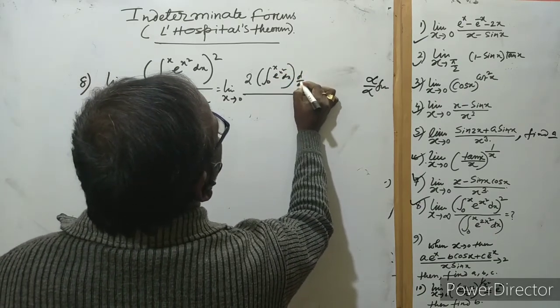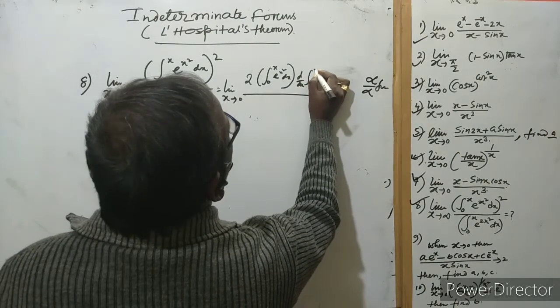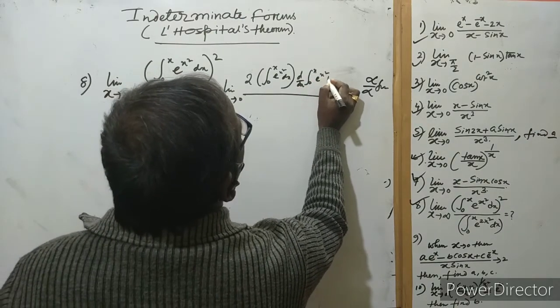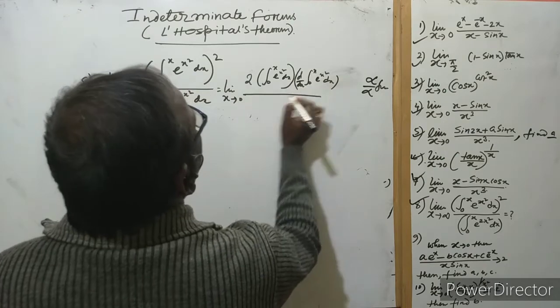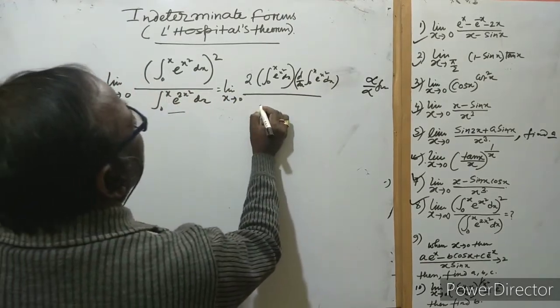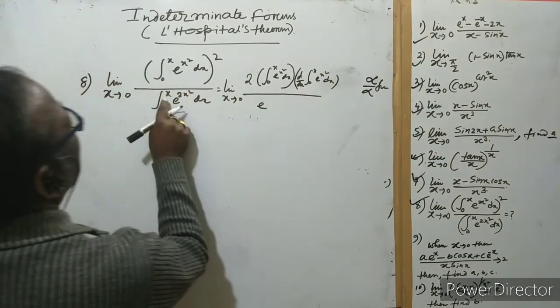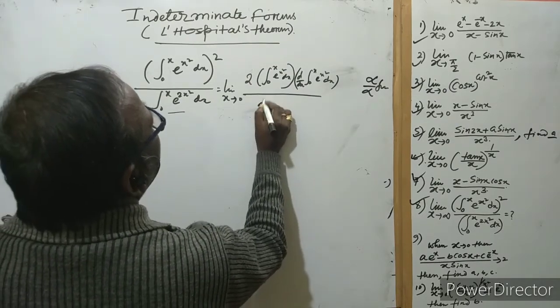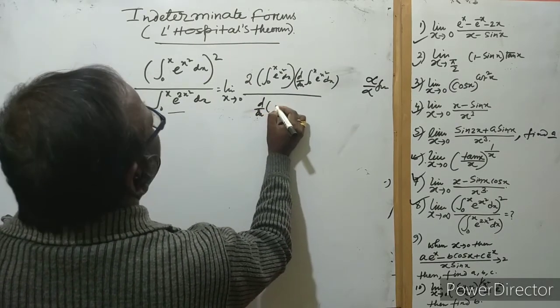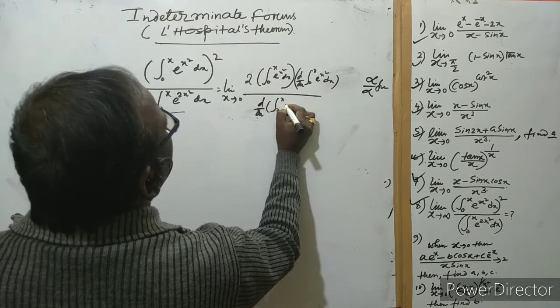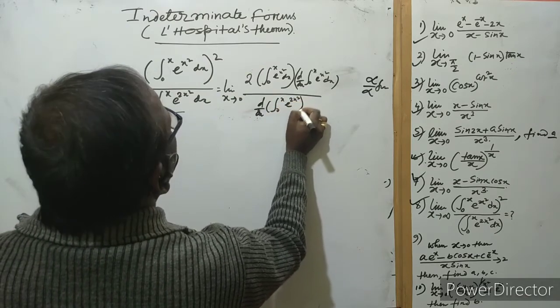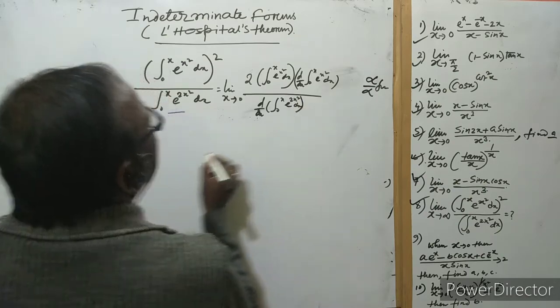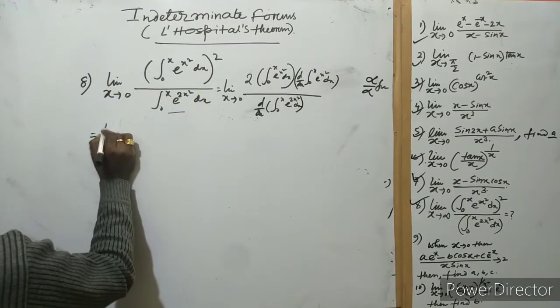Again differentiate the integral 0 to x of e to the power x square dx, and we get e to the power upper limit. And the denominator is d/dx of the integral 0 to x of e to the power 2x square dx.